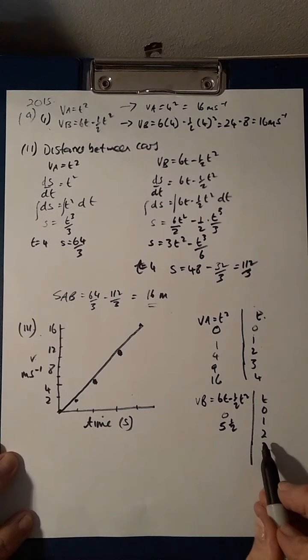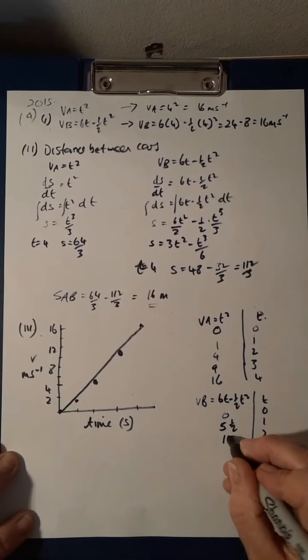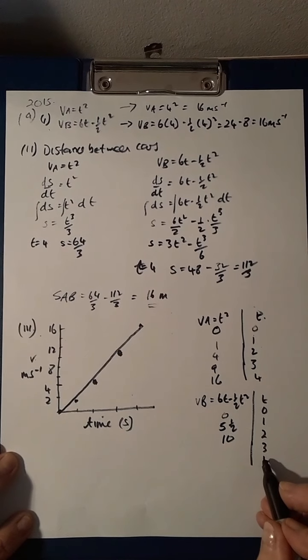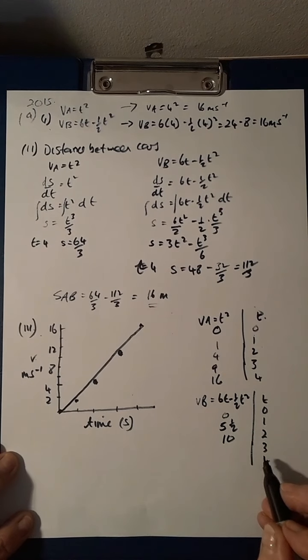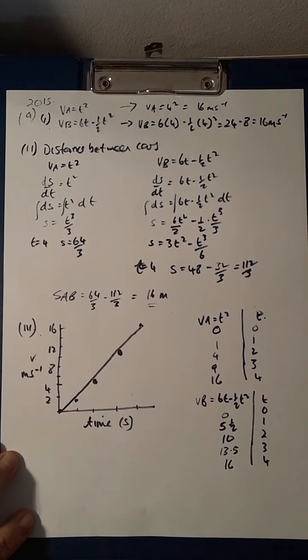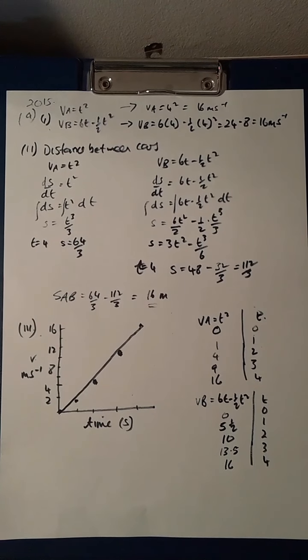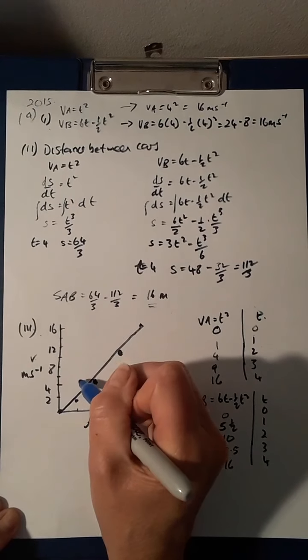When t is 2, this will be 12 minus 2, which is 10. When t is 3, this is going to be 18 minus 4.5, which gives me 13.5. And when t is 4, I already know that's 16. So I'll now plot these corresponding points. So 0, 0 again. When t is 1, I'm going to 5.5.